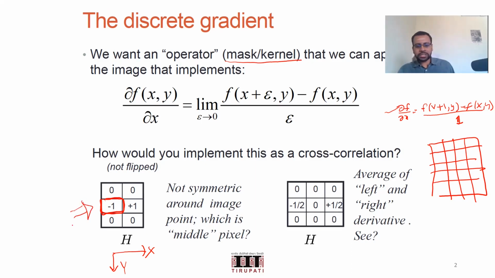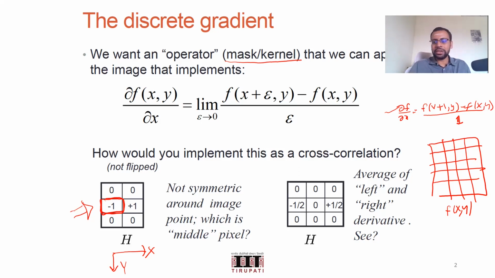Do you think this is a mask for convolution or a correlation? I have given you the center. Now, I have an image f of x comma y. Should I convolve with this or correlate with this mask? It is a correlation mask, sir. That's right. It's a correlation mask because you are simply multiplying it. If you are doing flipping, this is what you see.